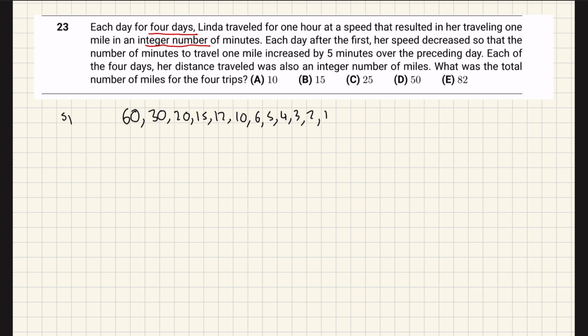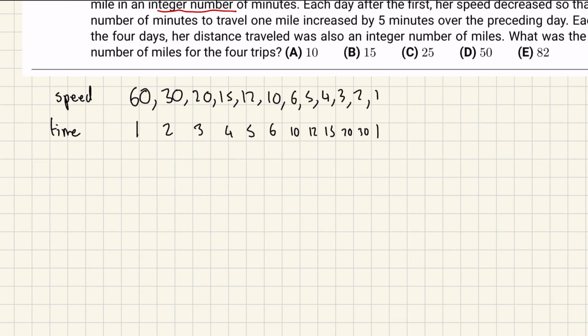So this is going to be her speed, and then this is going to be miles, and this is going to be the time. If she's traveling at speed 60, the time taken to travel 1 mile will be 1, so it'll be 2, 3, 4, 5, 6, 10, 12, 15, 20, 30, and 60.